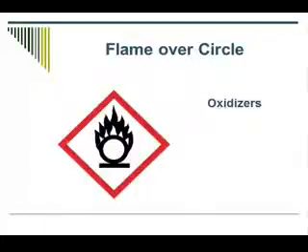Always store oxidizers away from any flammable solid, liquid, or gas, as well as away from any source of heat, flames, or spark. Do not mix with other products or materials, and always keep containers closed when not in use.